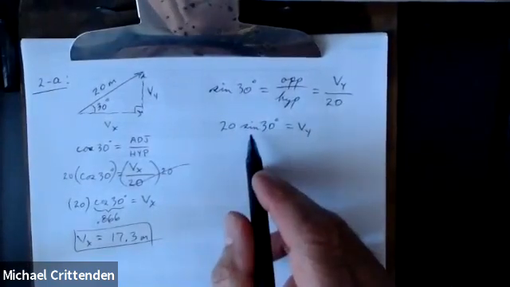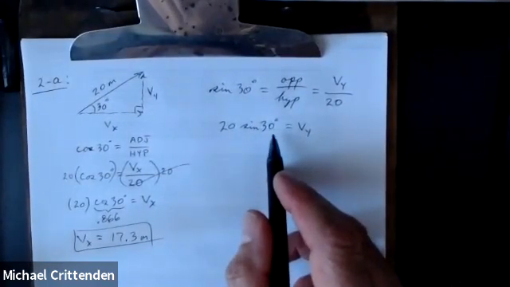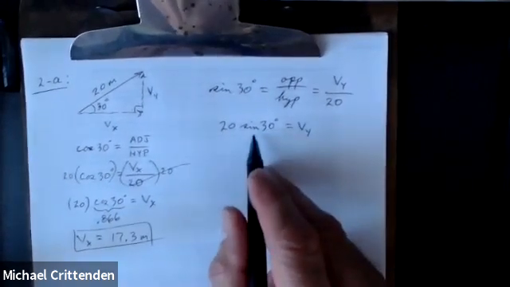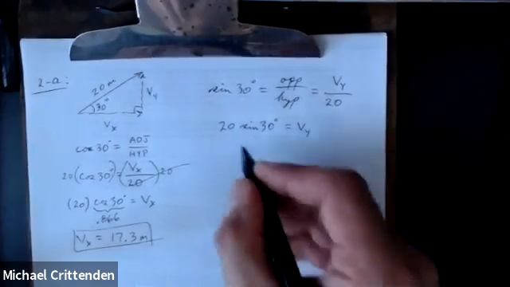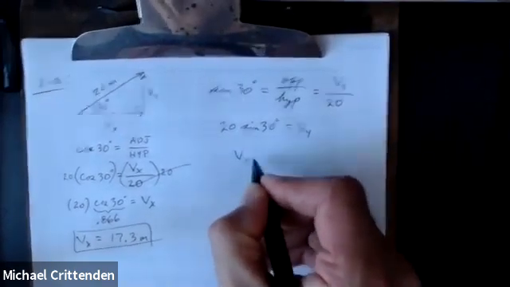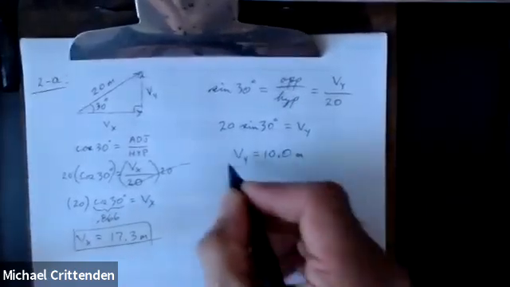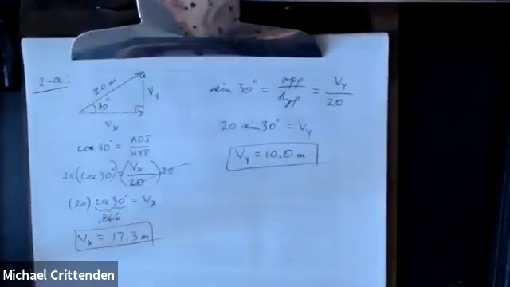And actually, the sine of 30 is one of the few that comes out even, instead of some decimal that goes on forever. Sine of 30 is exactly 1/2. Vy is 10.0 meters, and that's the other answer the question asked for.